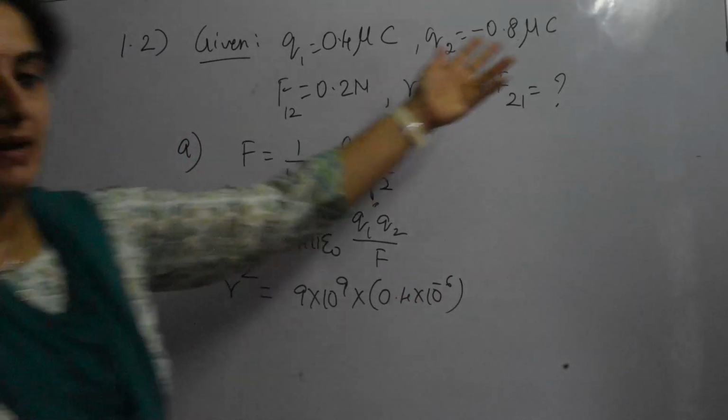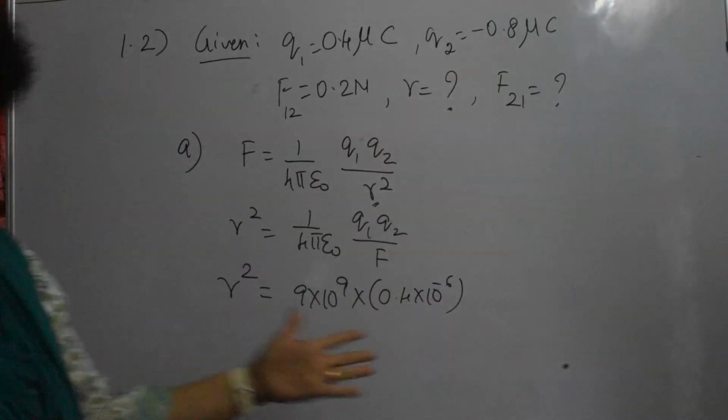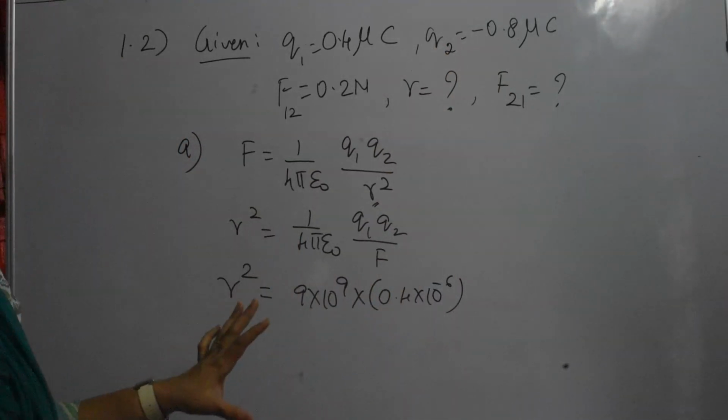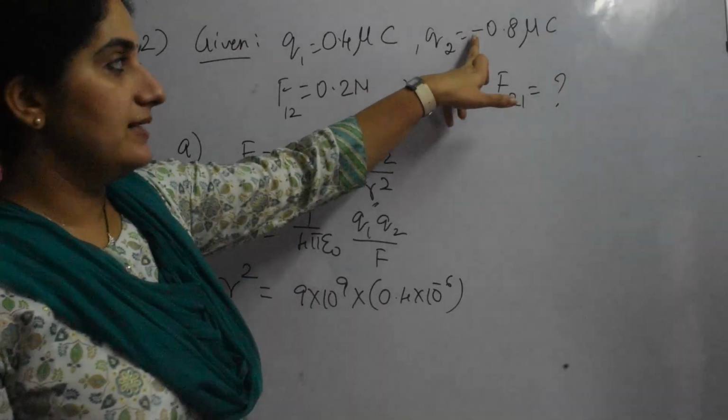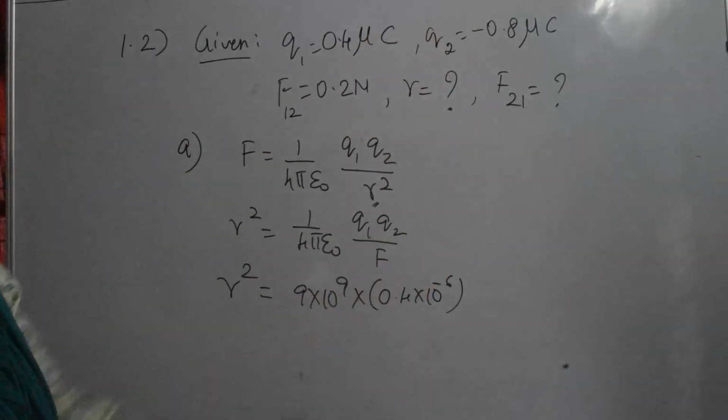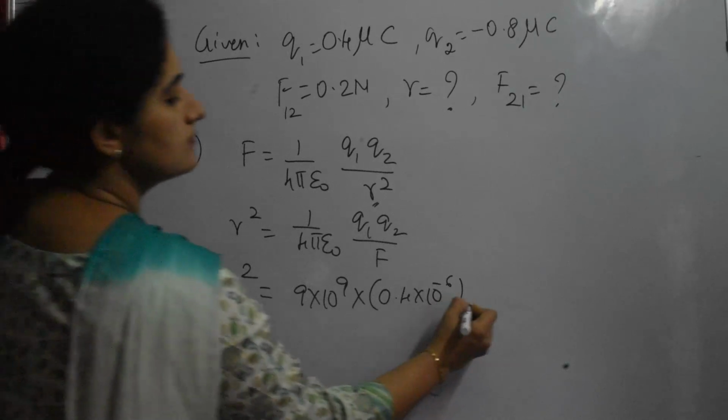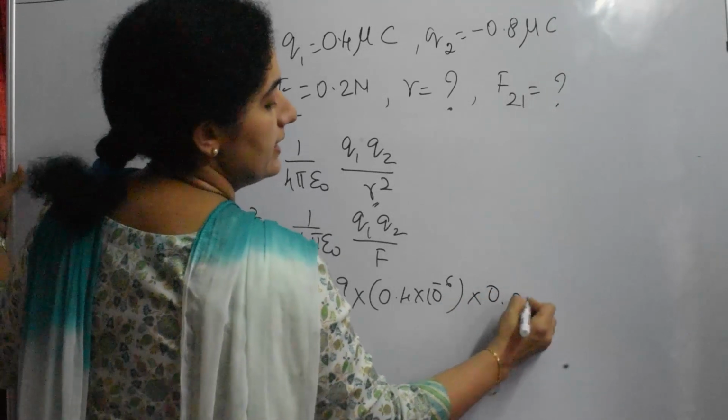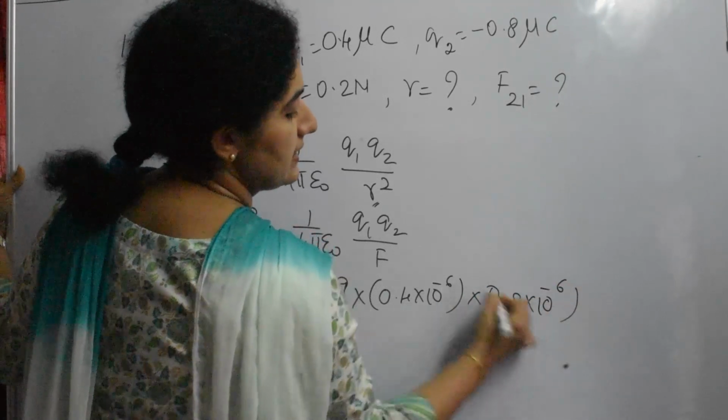Let us take only the magnitude now. We have not considered any vector form, but keep in mind that it is minus in nature. Further we need that, into 0.8 into 10 to the power minus 6.